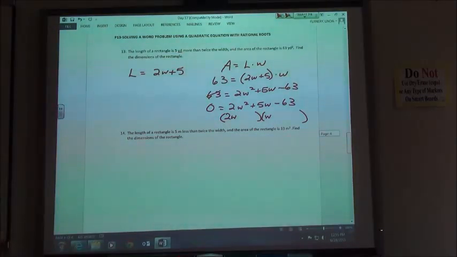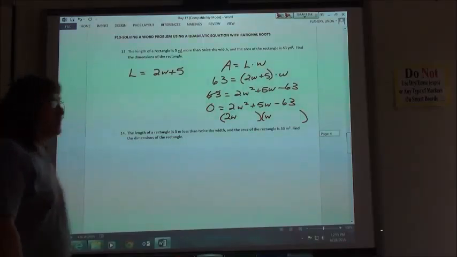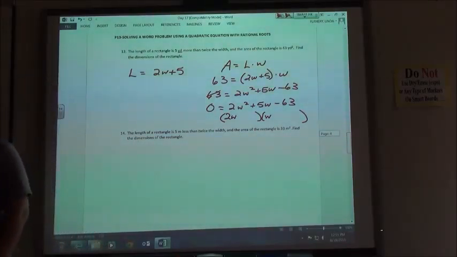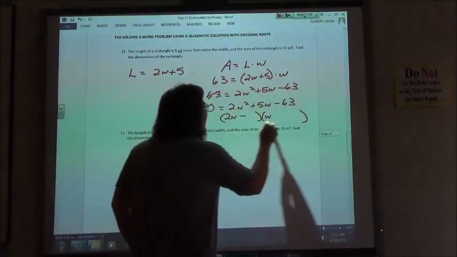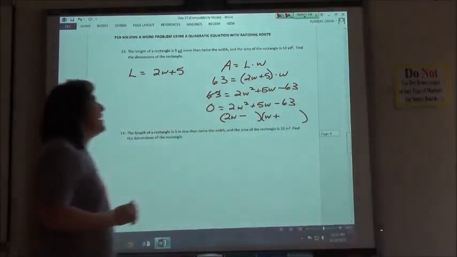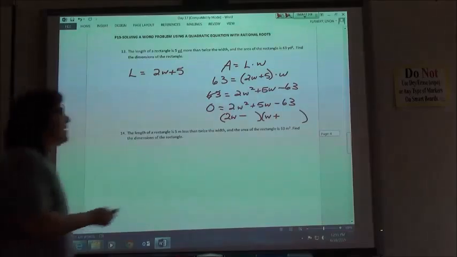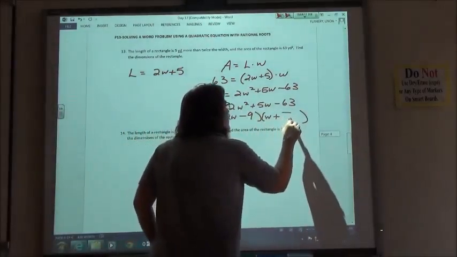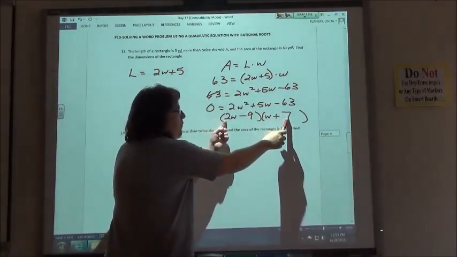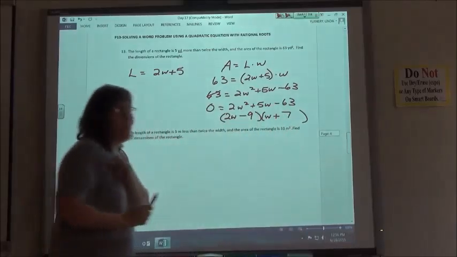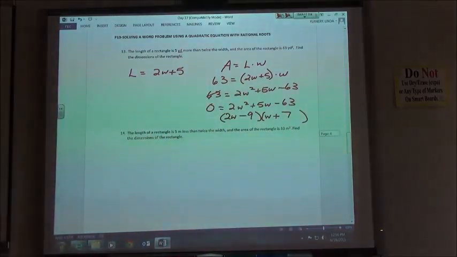Now my signs. We know we're going to have one of each, a negative and a positive, we just don't know what order they go in yet. Factors of 63: 9 and 7. So if we check that, we get 14W minus 9W, and 14W minus 9W, sure enough, is the 5W in the middle.